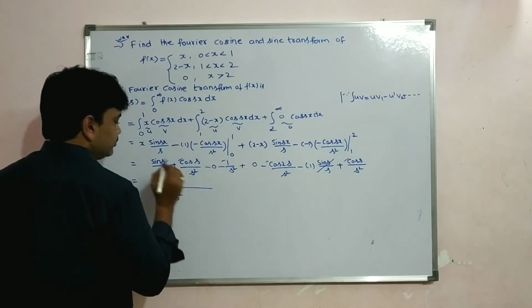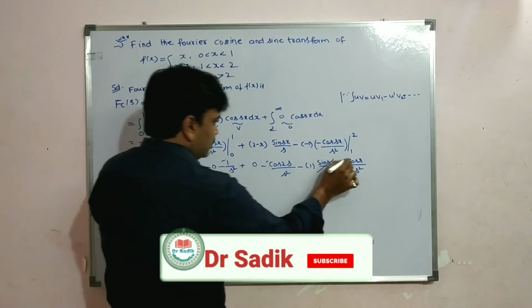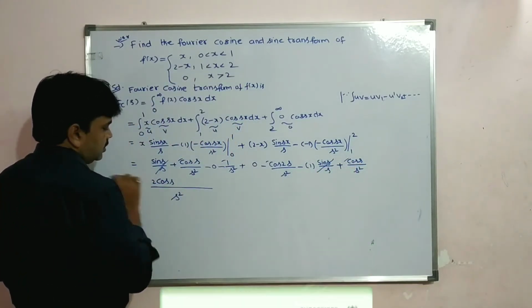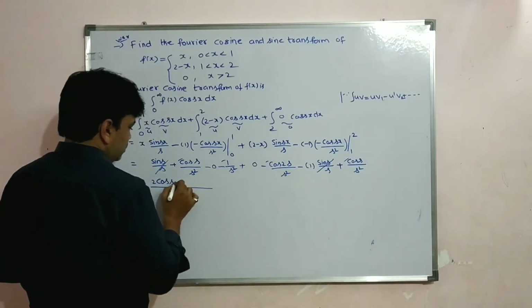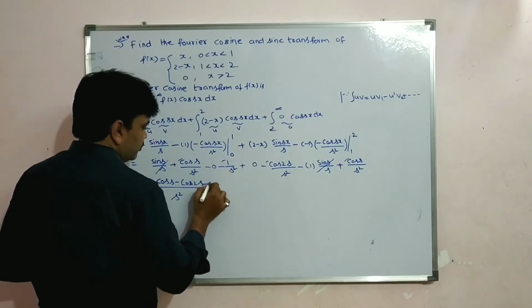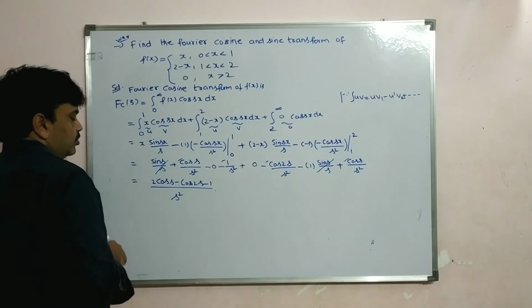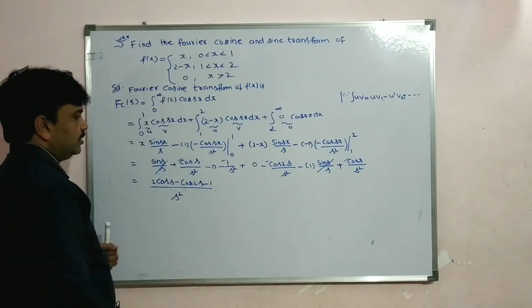Cos s plus cos s gives 2 cos s, minus cos 2s, and we have minus 1. Okay students, this is the Fourier cosine transform of the given function.